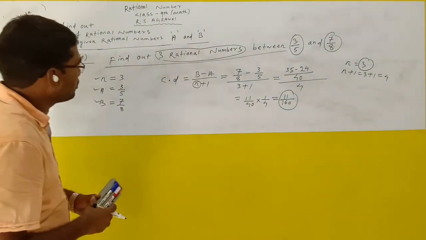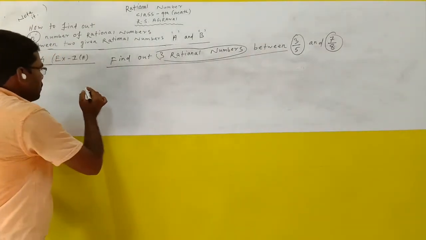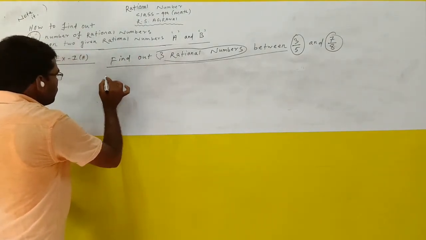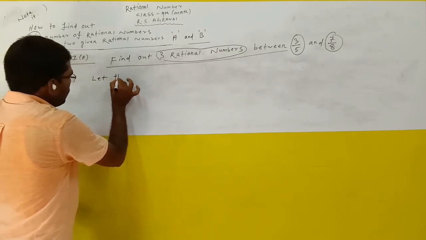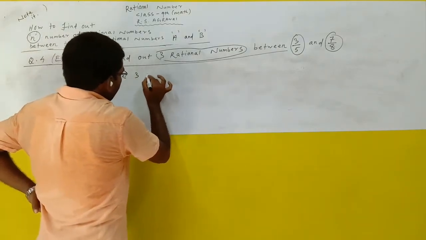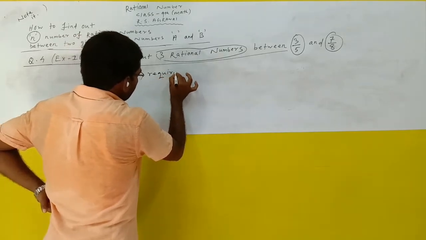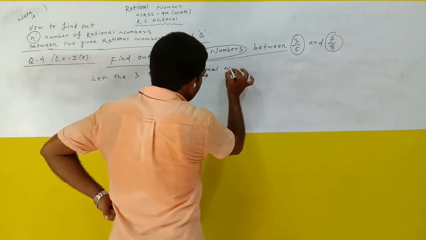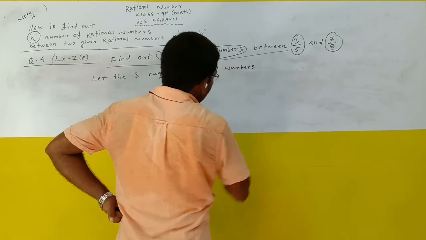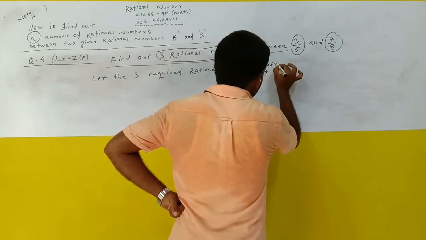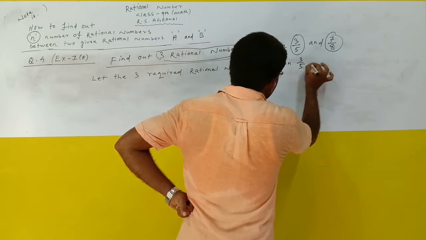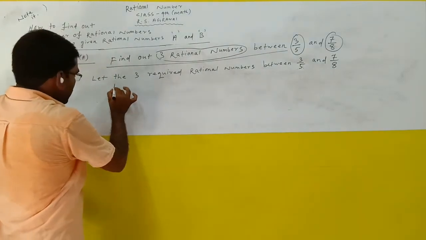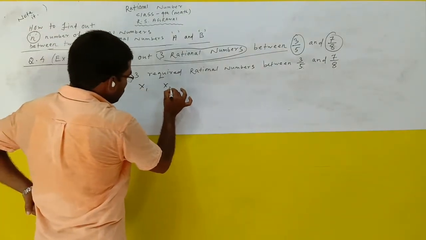So students, let your required three rational numbers between 3 by 5 and 7 by 8 be x1, x2, x3.